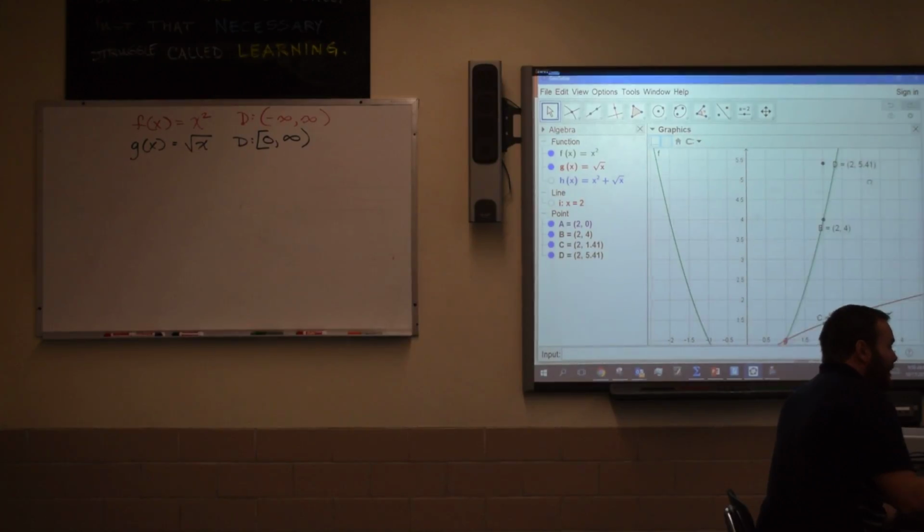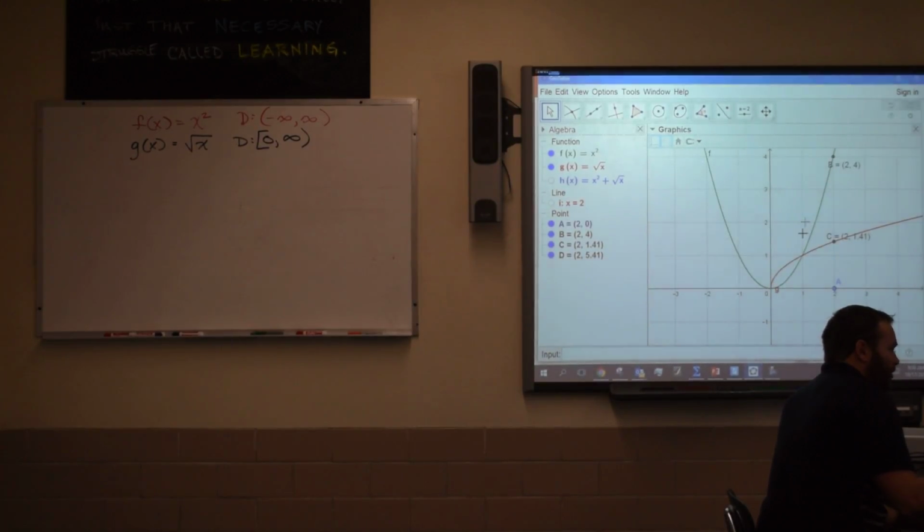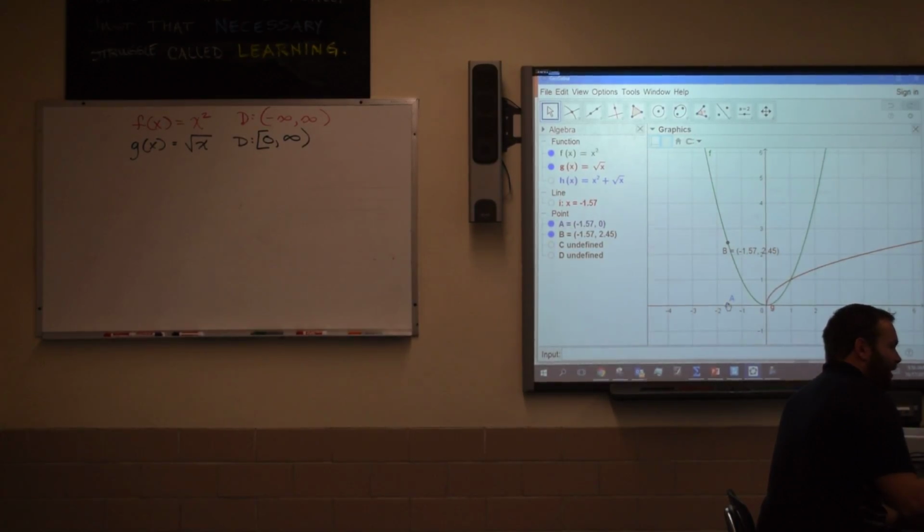Make sense, everybody? So, for those points, because the domain exists for the green curve and the red curve over here, I can add those y values together. But when I get over here, do we see a point D showing up? No, because I don't have anything to add together over here, right? Even though I've got y values for the green curve, I don't have y values for the red curve. So I don't have these points, these radical x points, showing up. So I don't get a sum anymore.